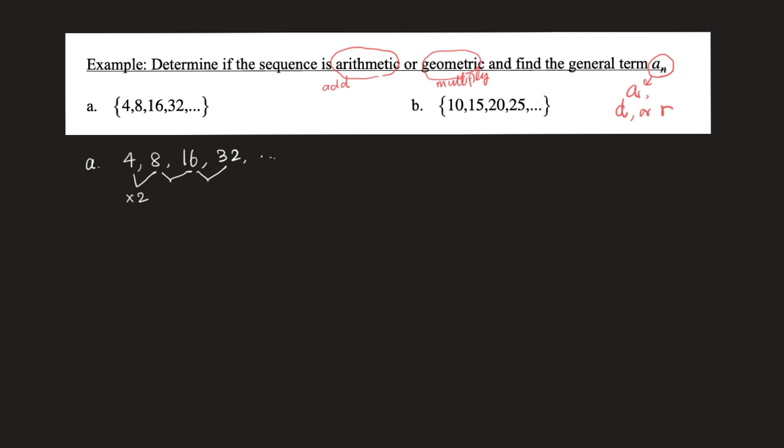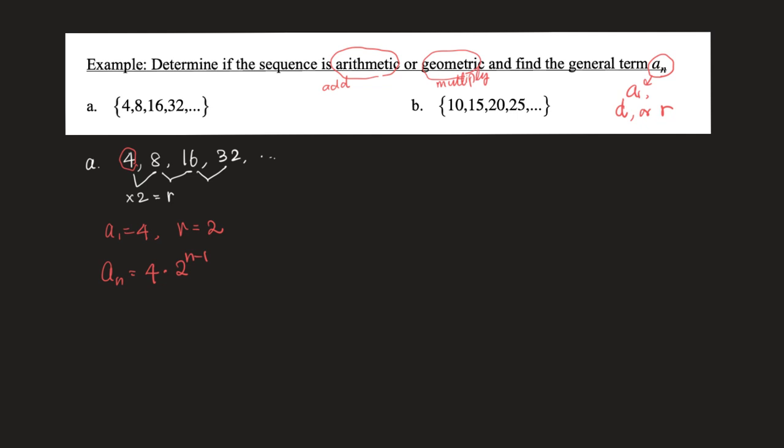That's the geometric sequence, so you find the common ratio R. The first term is A1, which is 4. R is 2. The general term is 4 times 2^(n-1). You can simplify it if you want, but you don't have to.